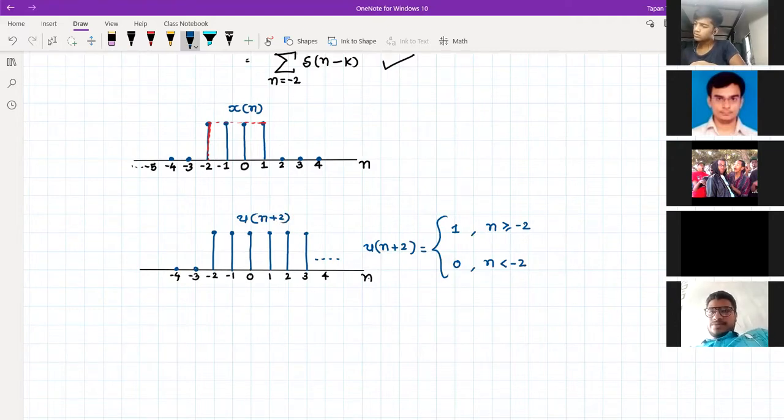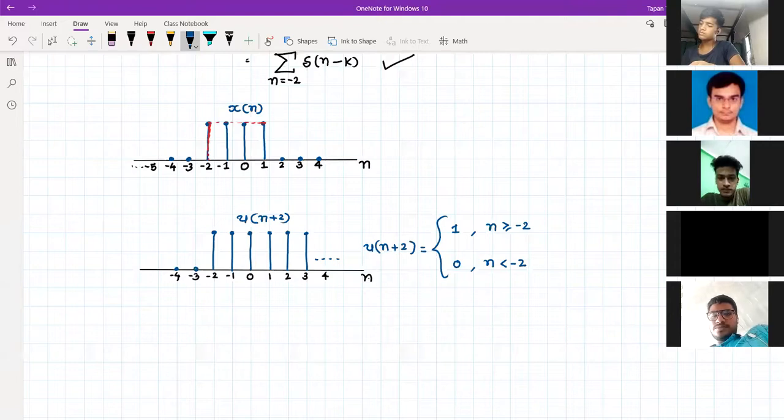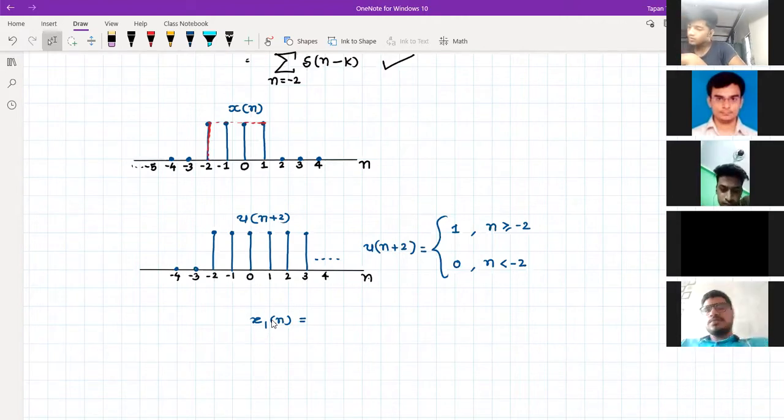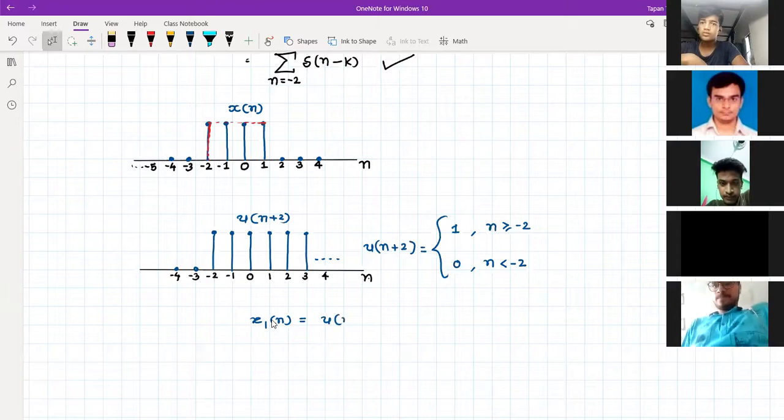Very good. Now you need to define another function here, which will ultimately give you the original function. So basically I can say that my revised or desired function, that is x1 of n, is equal to u of n plus 2 minus x of n.